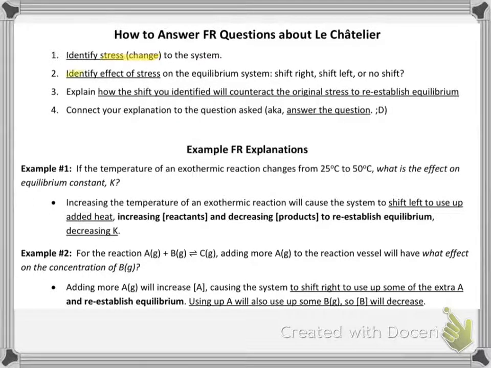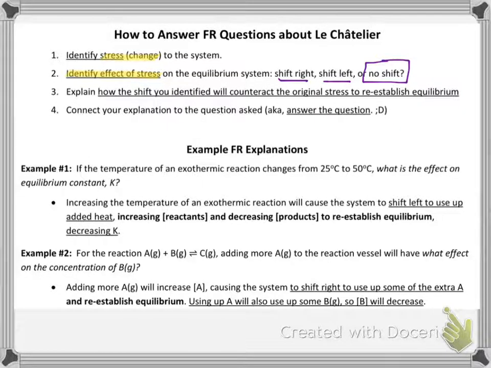And then you're going to figure out, okay, what will that stress do? Basically, will it cause it to shift right, shift left, or no shift at all? And you can say shift towards reactants, shift towards products, that's the same difference. But basically, identify the stress and then figure out what shift will happen.